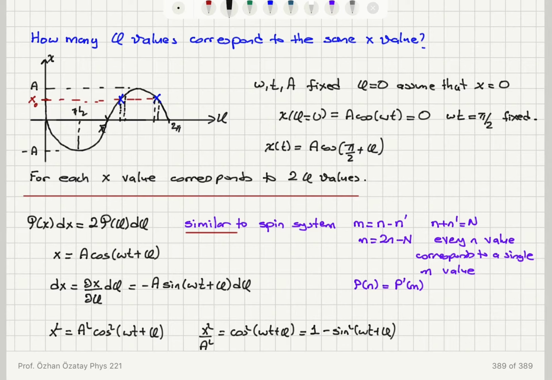So I noticed that from this equation, instead of sine omega t plus phi, I can write the following: sine omega t plus phi can be written as the square root of 1 minus x square over a square.